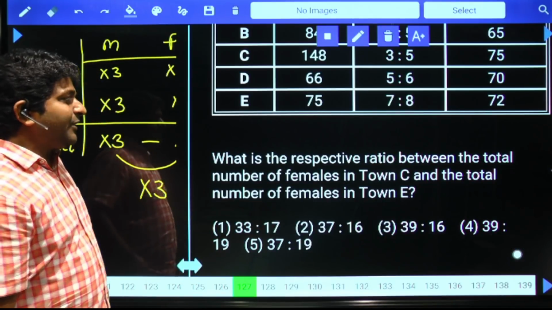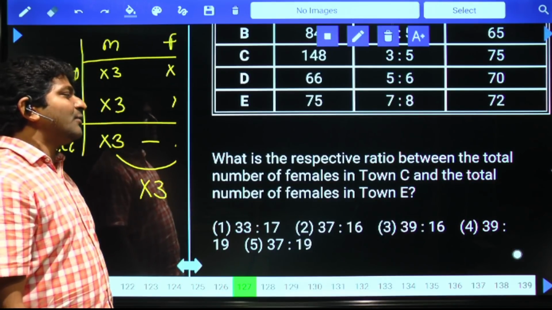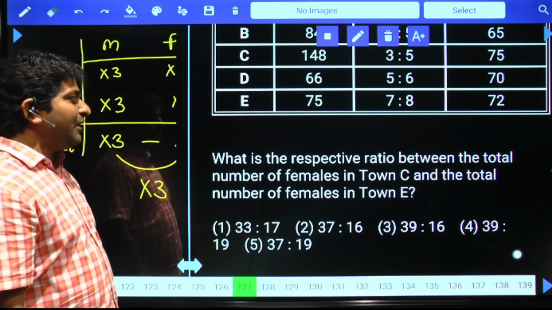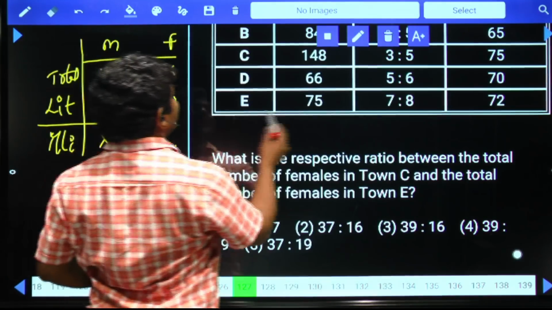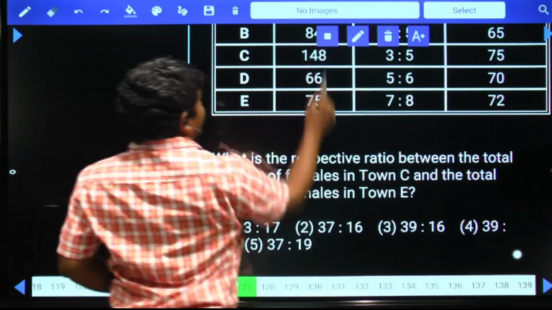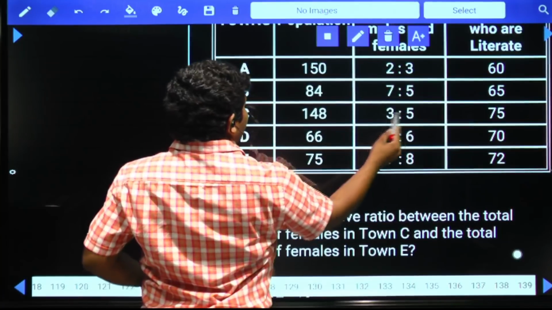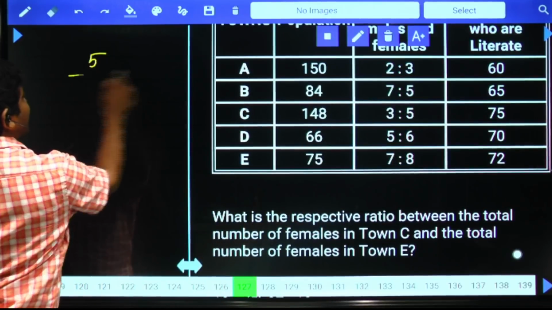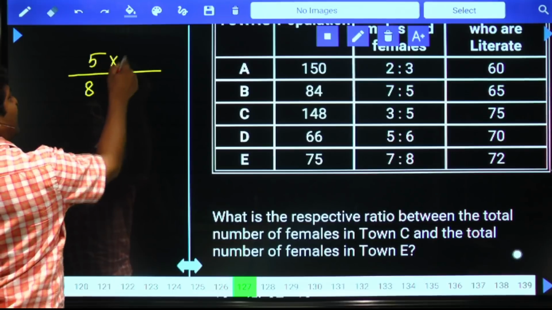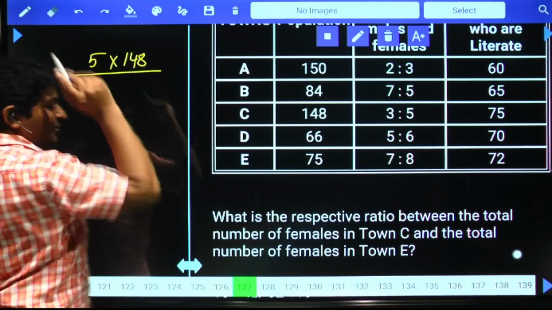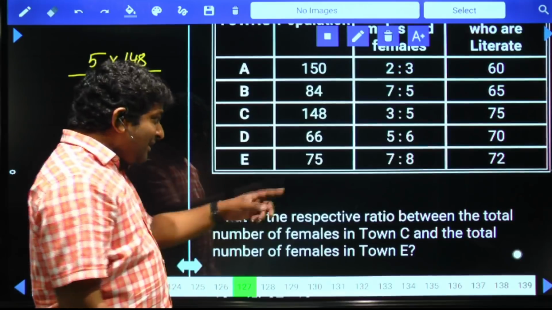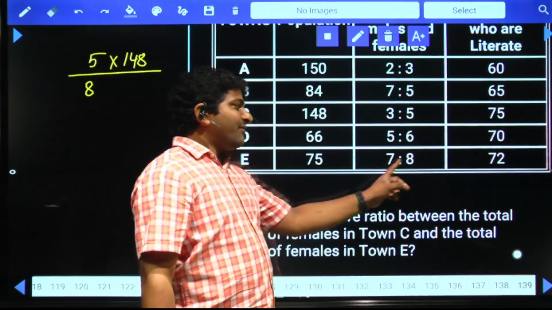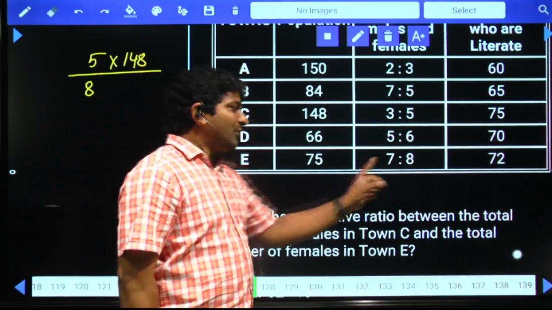What is the respective ratio between total number of female in town C and total number of female in town E? C and then E. Now let's see. Here male to female ratio in C is 3:5. So female are 5 parts out of 8 parts among 148,000. And then E, 7:8. Female are 8 parts out of 15 parts.